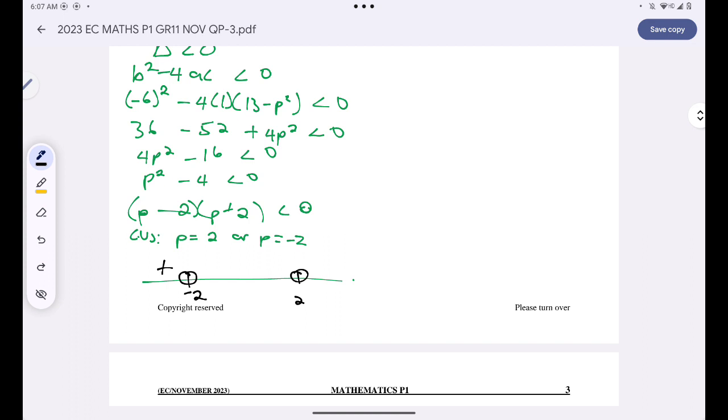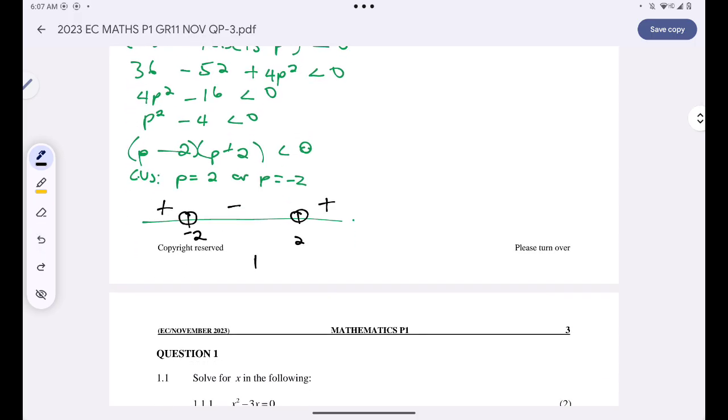Whenever we jump a critical value, you must always change the sign. So since we started with a plus, we'll have a minus and a plus again. We are looking for the values of p that will give us a negative answer. So p is just in between negative 2 and 2.